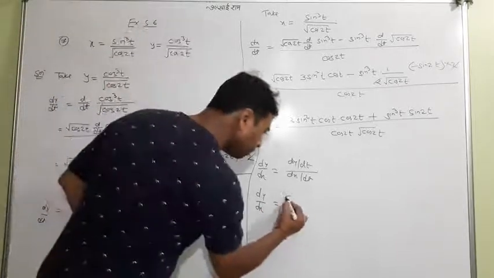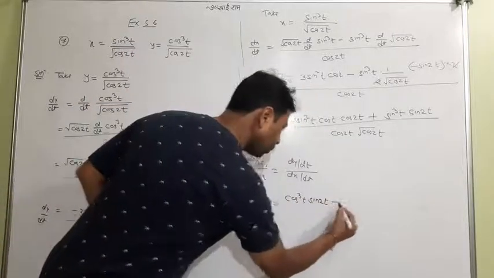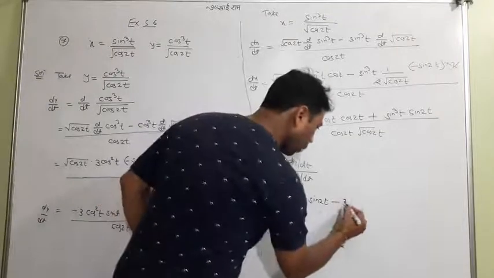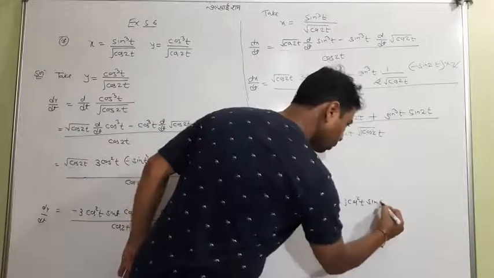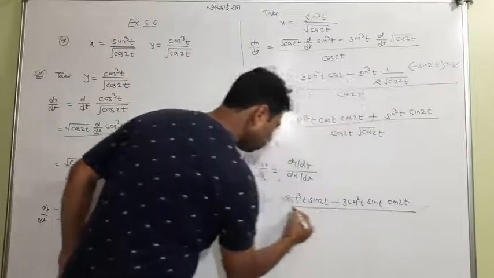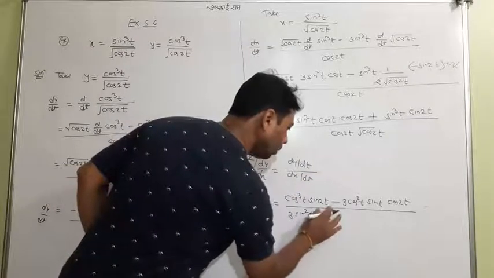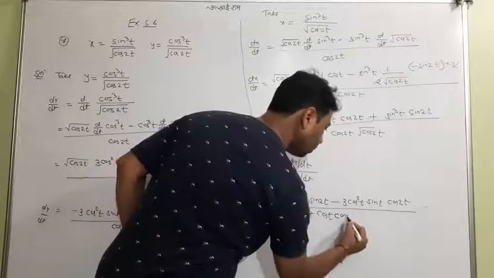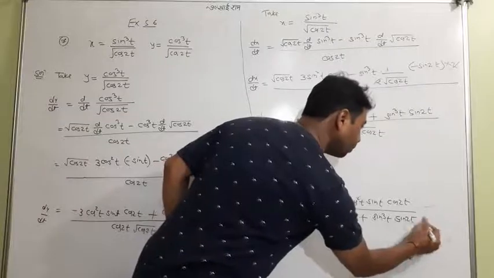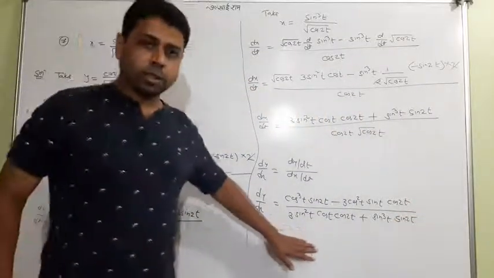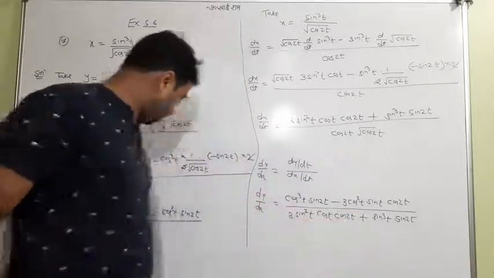Cos cube t sine 2t minus 3 cos square t sine t cos 2t, whole upon 3 sine square t cos t cos 2t plus sine cube t sine 2t. So this is the answer. The denominator I haven't written because both cancel each other. This seems the answer at first view.